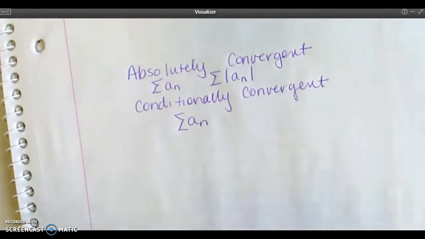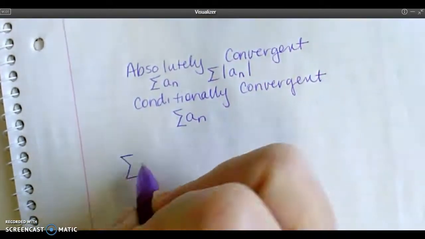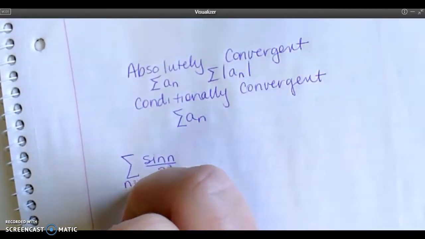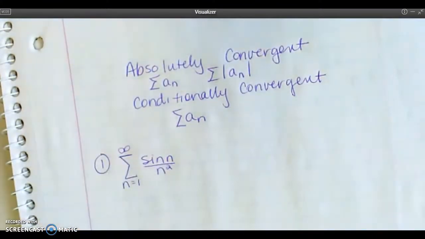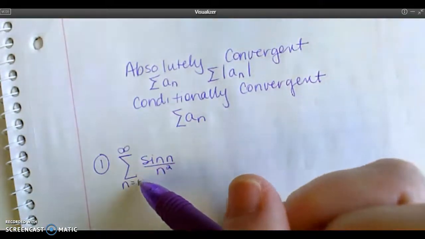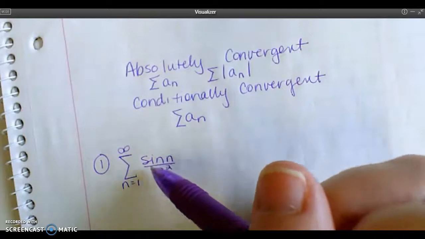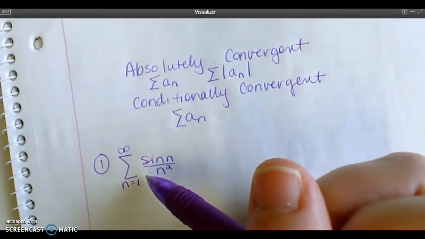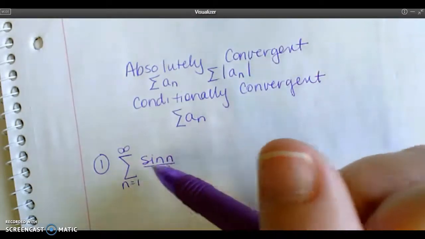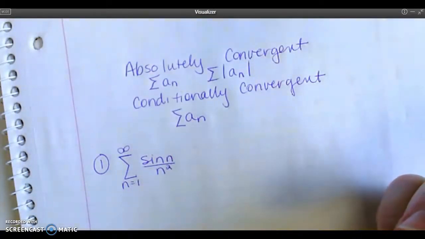So let's look at some examples. Let's talk about this one here. First of all, this one doesn't look like it's alternating, but just to remind you, it is alternating because we have sine of n, and if I plug in values here, especially if I think about pi over 2 and pi and those kinds of numbers, this is going to go back and forth from positive to negative.